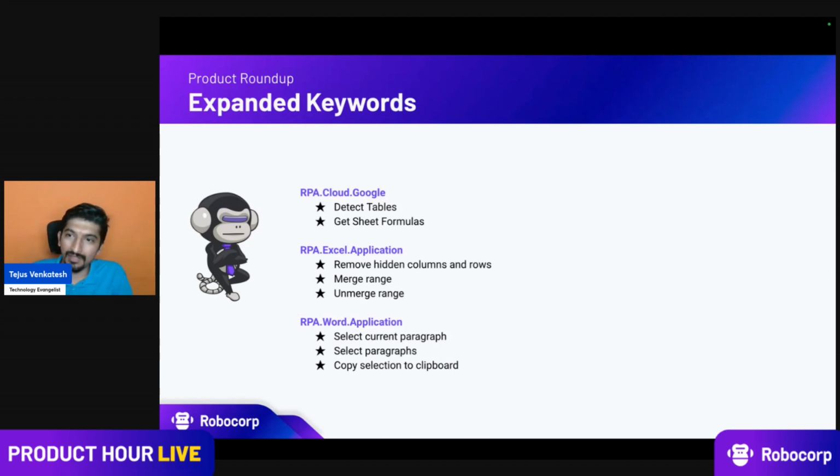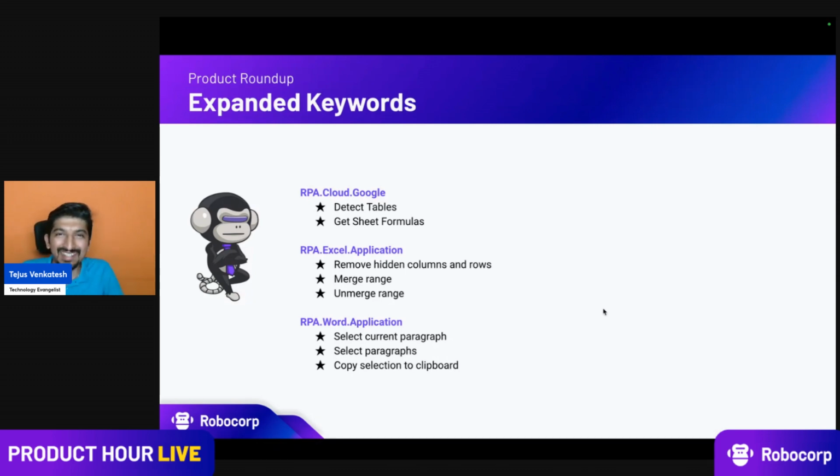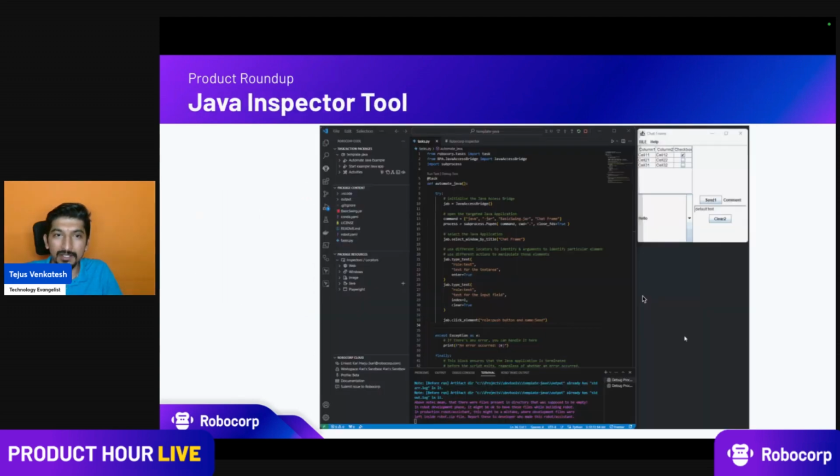So we appreciate your feedback. Let us know what type of activities you think are needed to make your automation successful. We keep adding those things. And we keep releasing, not quarterly, we do releases almost every Friday. So keep us updated on the things that you require for your automations.